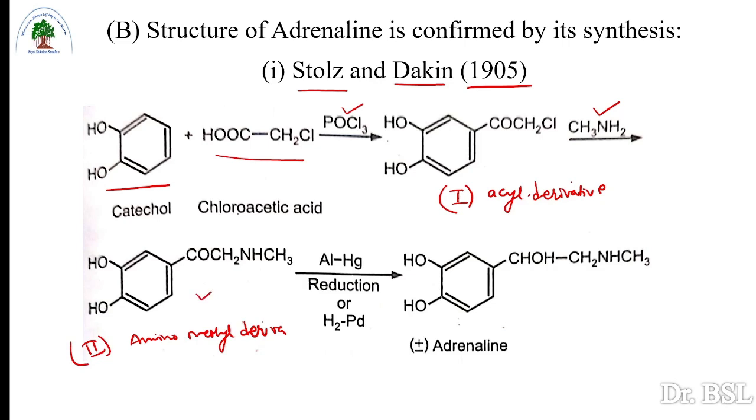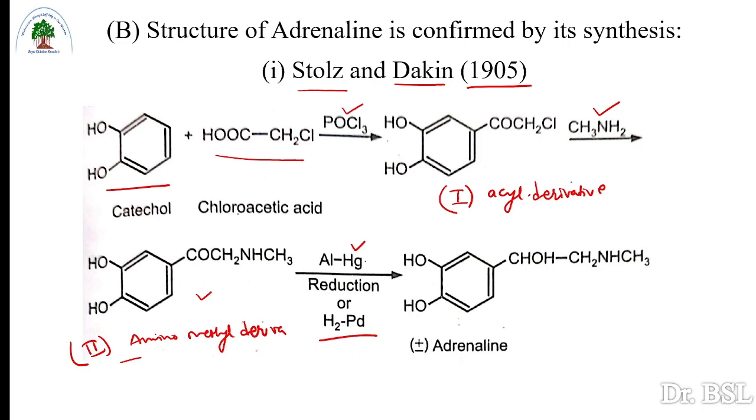And this second intermediate, upon reduction in presence of aluminium amalgam, that is AlHg, or H2/Pd, we can reduce this second intermediate either way.